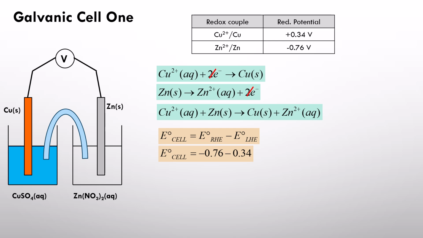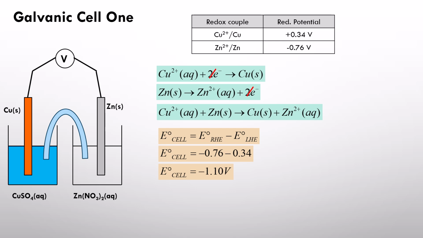Okay, so we're getting negative 0.76 minus the left hand electrode, which is the copper one, which is 0.34. And if we carry out this calculation, we get an E value of minus 1.10 volts.